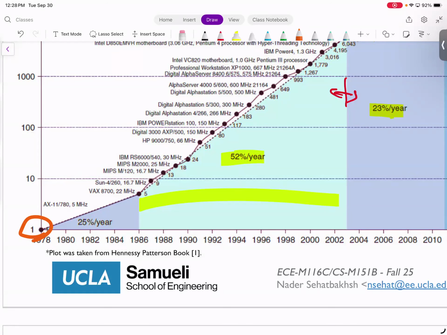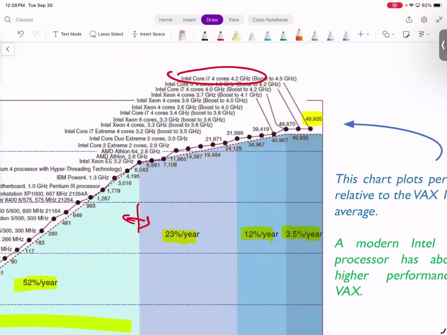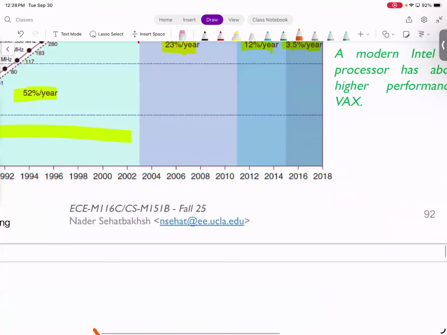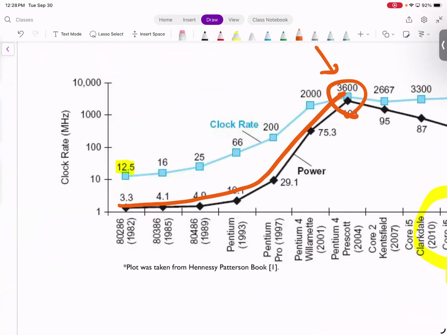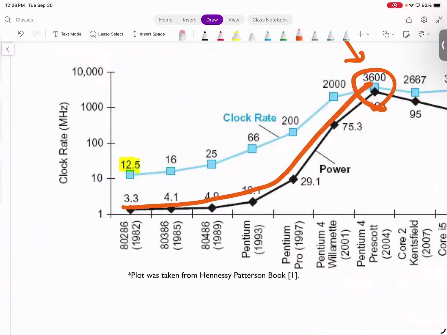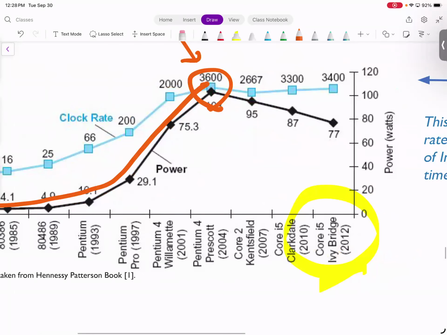So when I say it's 50,000 times faster, it means that the same amount of operation is done 50,000 times faster. That's how we normalize. This one is not normalized though. These are absolute numbers. For example, the clock rate was 12.5 megahertz, and now it's 3,400 megahertz or 3.4 gigahertz.